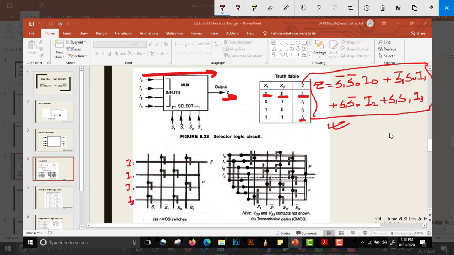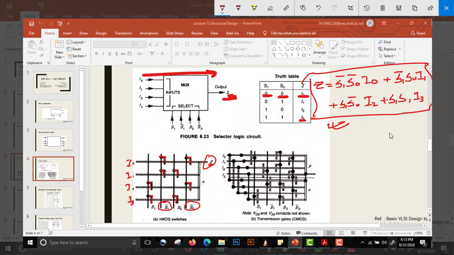In case of S0 bar and S1 bar, I0 is connected to Z. In case of S1 bar and S0, I1 is connected. Again, for S1 and S0 bar, I2 is connected, and I3 is connected with S1 S0, and this is how everything is connected to Z and we get the output Z.